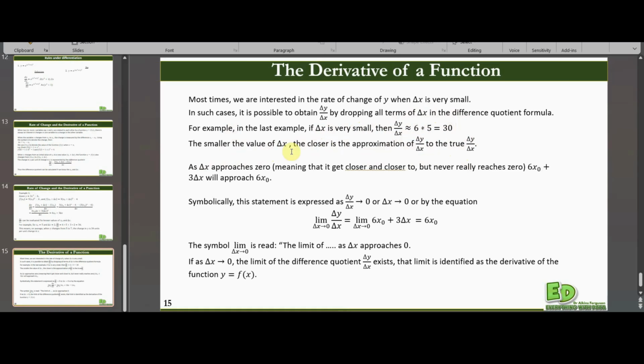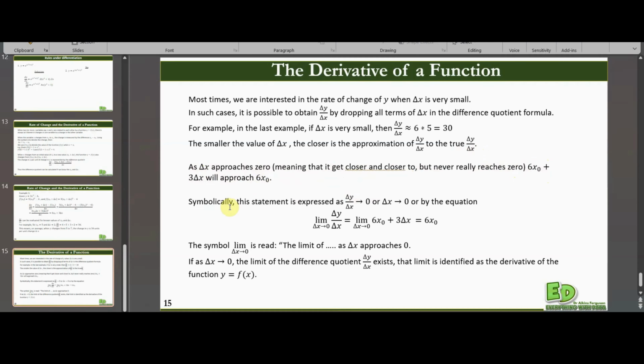As the change in x approaches 0, meaning that it gets closer and closer to, but never really reaches the value 0, 6x0 plus 3 change in x will approach 6x0, that is 6 by 5, giving us the 30.